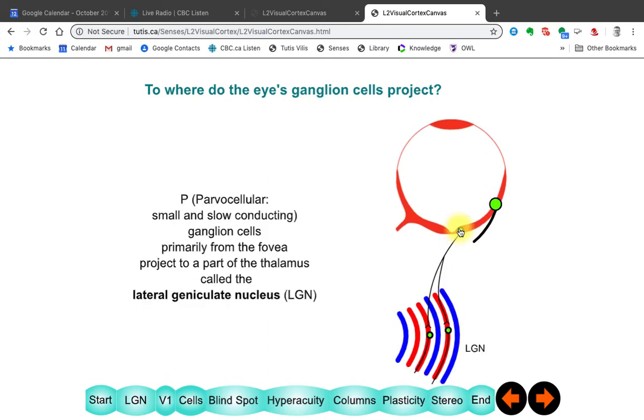And these guys project to what are called the parvocellular, or small, ganglion cells. And they go primarily to the thalamus, and the part of the thalamus they go to is called the lateral geniculate nucleus, or LGN for short.